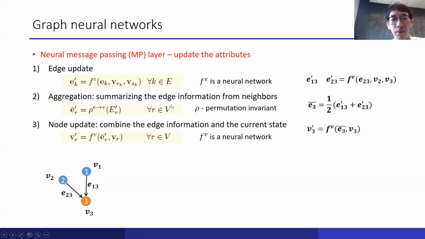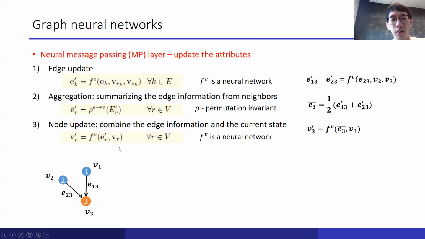In the second step, we summarize the edge information from all the neighbors by using a function rho. And rho must be permutation invariant. For example, it can be average or summation. In this case, E3 bar is the average of these 2 edges.